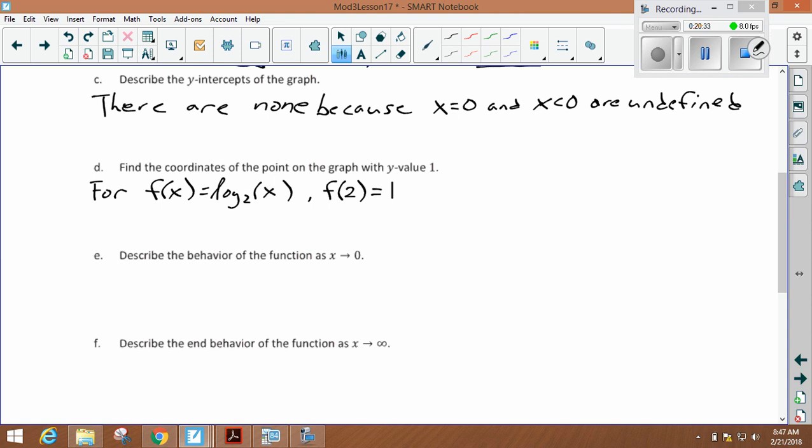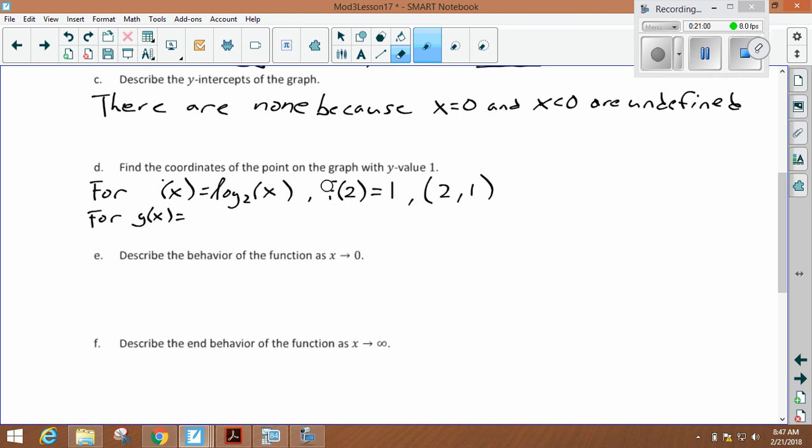So I guess that corresponds to the coordinates. Right? For g of x in this case equal to, oh my bad, this is g of x. I just need to change that to a g. Change that one to a g.